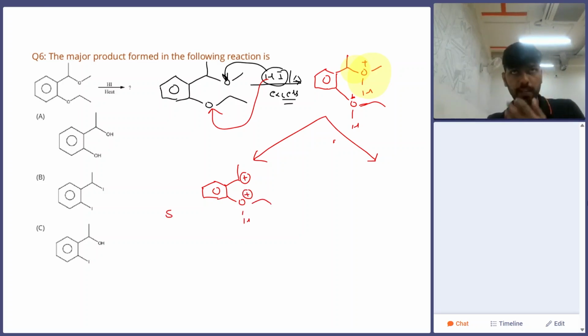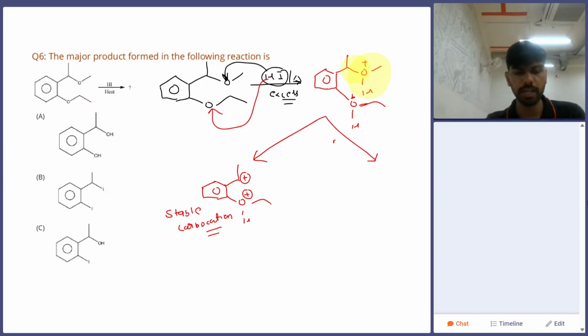This is the more stable carbocation. If we want to form the other carbocation, the one below, it is going to be the least stable.